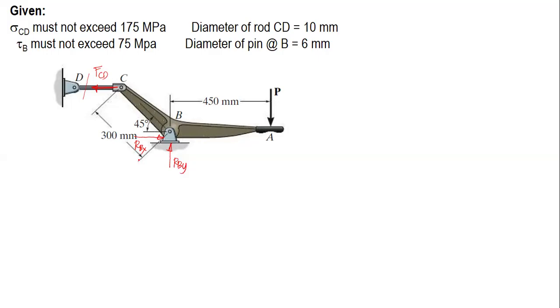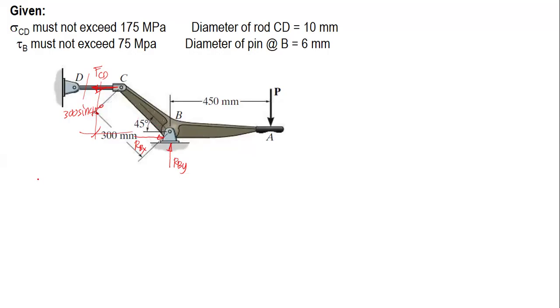So let's first sum up moment about B so that we can solve for FCD. But we need the perpendicular distance of FCD to B. Okay. So the distance from B to C is given as well as the angle 45. So the perpendicular distance of FCD to B is 300 sine 45 degrees. Okay.